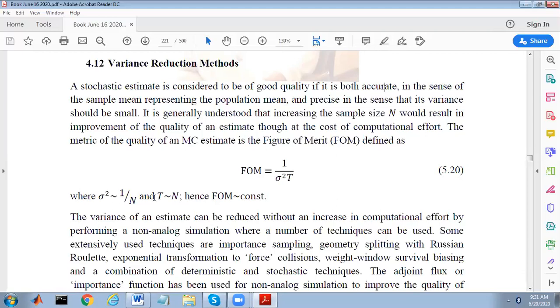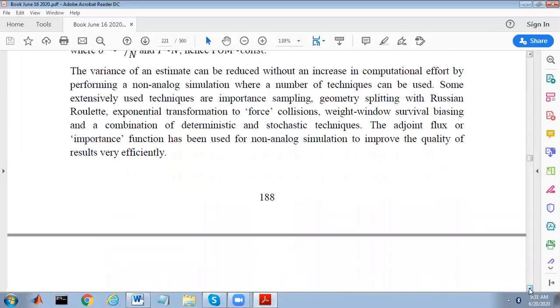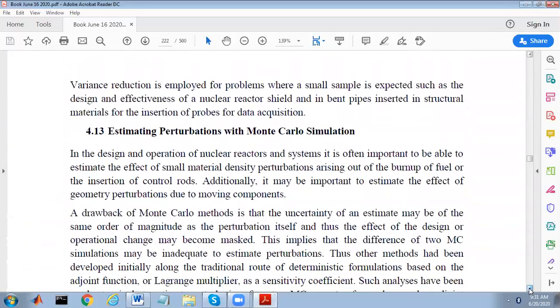So if you multiply these two, shouldn't they give you a constant? They should. So when you do your simulation, then after each batch, work out the figure of merit and see: are you stabilizing? Are you converging? So that's one test that you can use to see how your figure of merit is going.